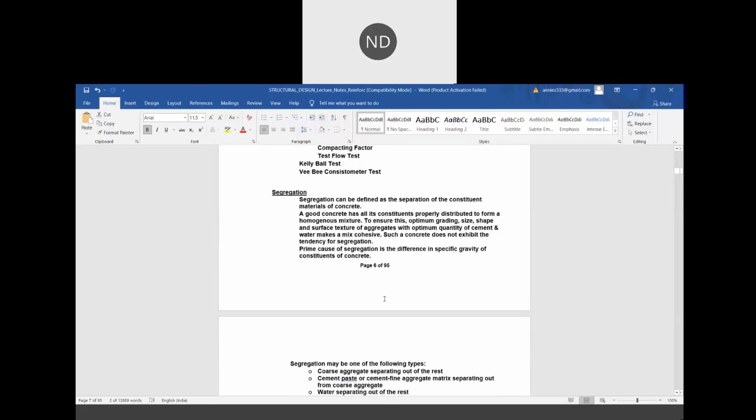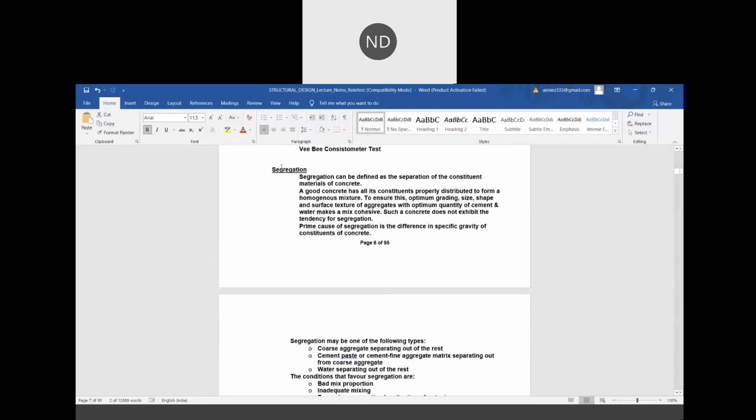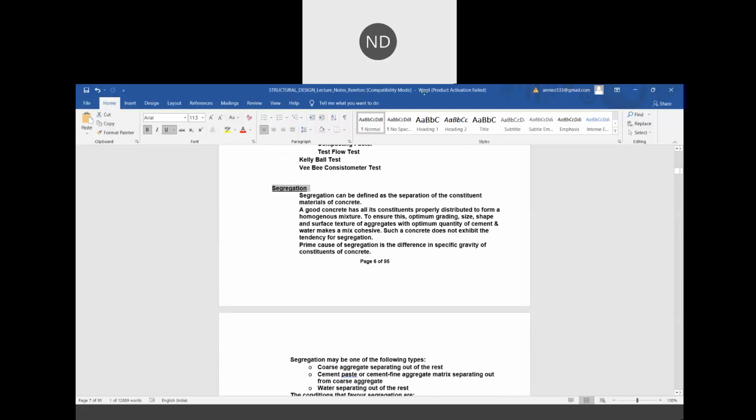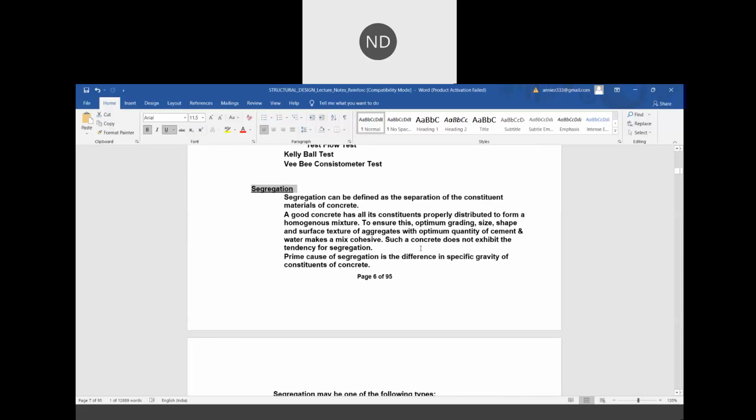Okay, another property of your concrete is the segregation. You have to see the segregation property of your concrete also. What do you mean by segregation? Segregation can be defined as the separation of the constituent materials of concrete.